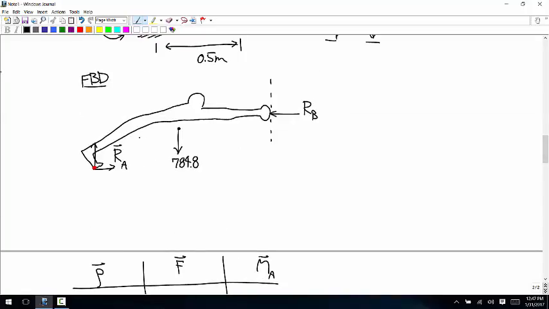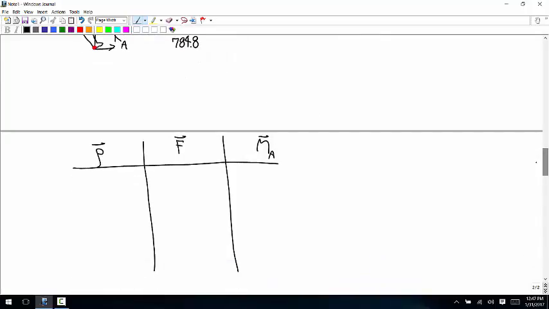And first, let's do the friction contact. That's acting at the about point. So what's the rho vector? 0. The force vector is RAX, RAY, and the cross product is 0.